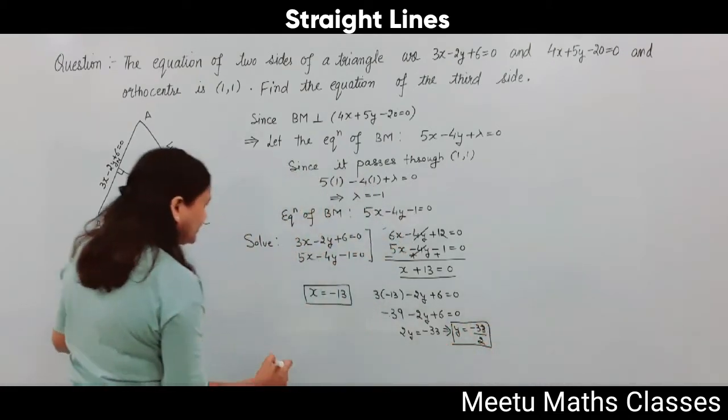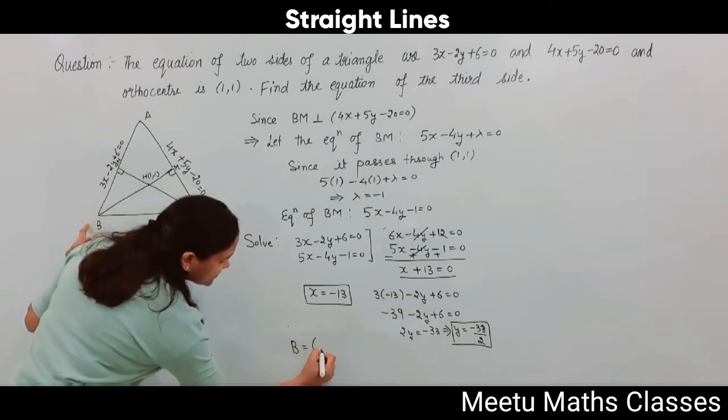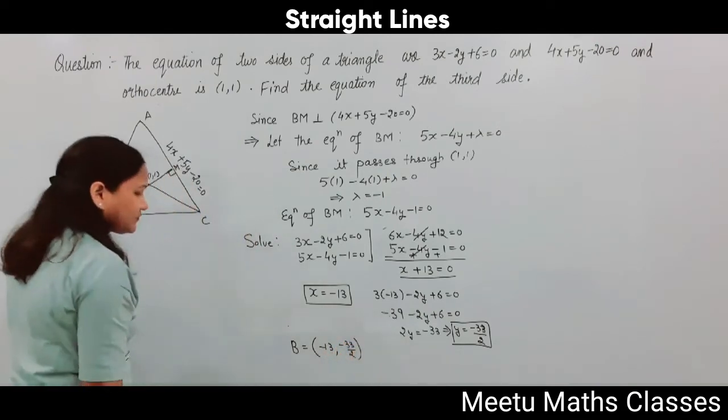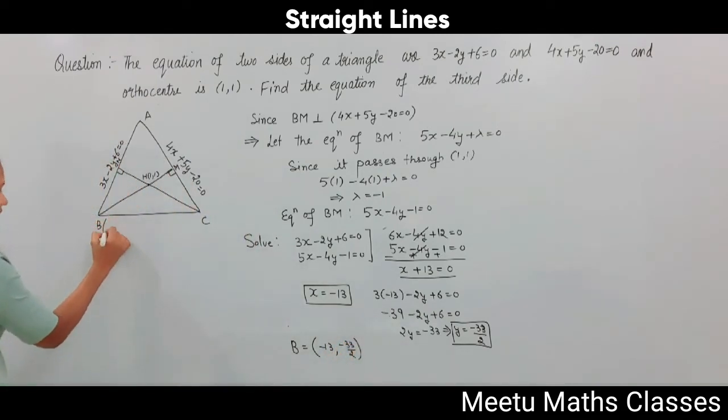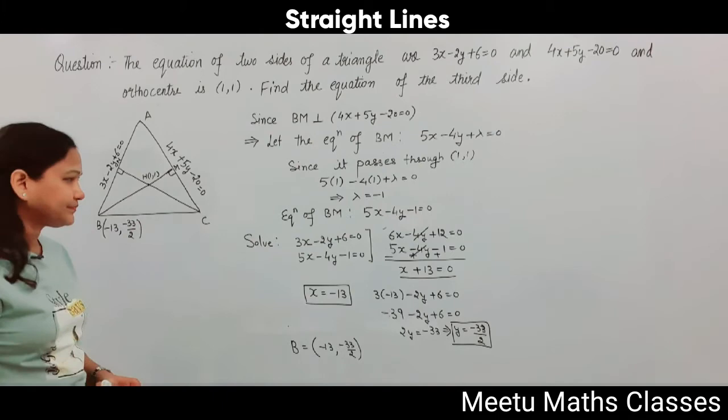So the point of intersection B is (minus 13, minus 33 by 2). Write the coordinates of B.